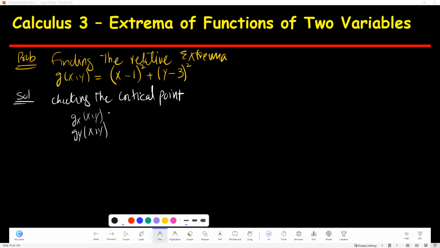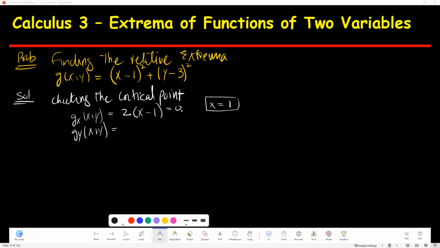It means I'm going to take the derivative with respect to x and y and set it equal to 0 to find the value. So it's going to be 2x minus 1, and it should be equal to 0. I set it equal to 0 to find the value of x. From here, x equals 1.